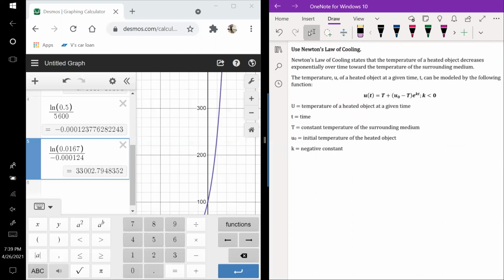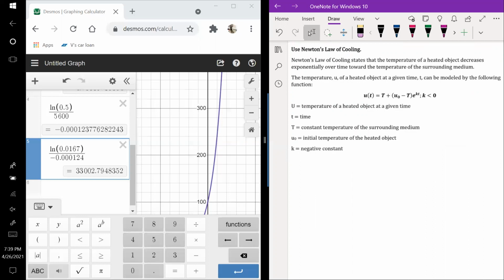Okay, so that was growth and decay, and here is another model of decay. This is called Newton's law of cooling. Newton's law of cooling states that the temperature of a heated object decreases exponentially over time toward the temperature of the surrounding medium.